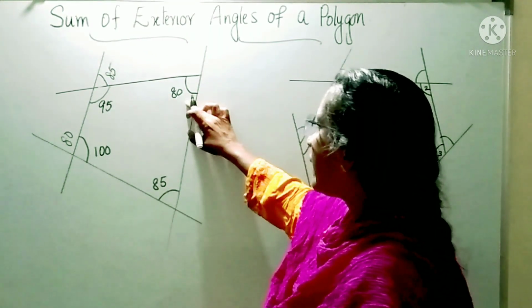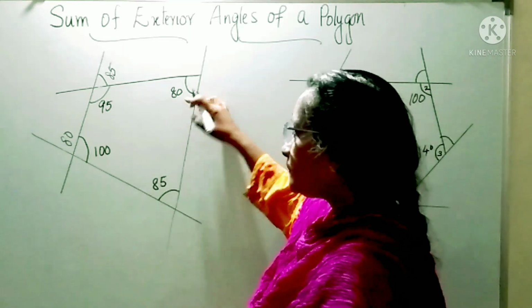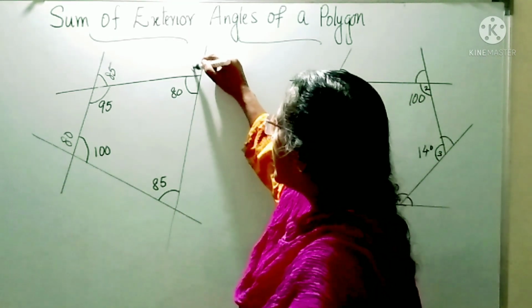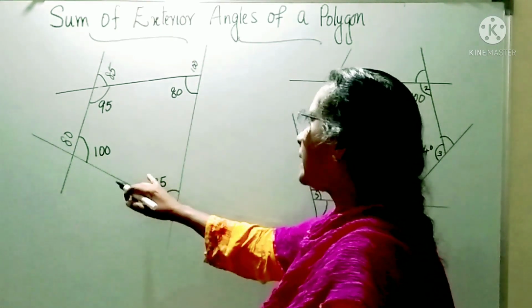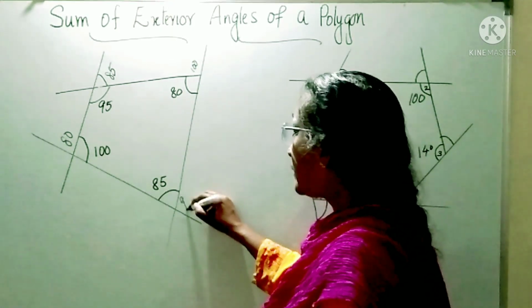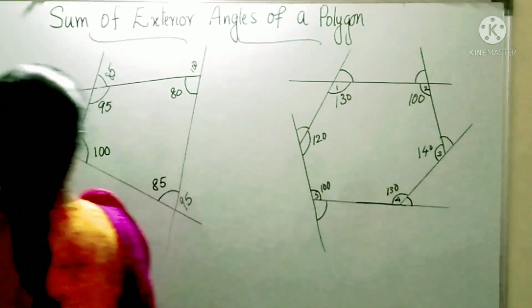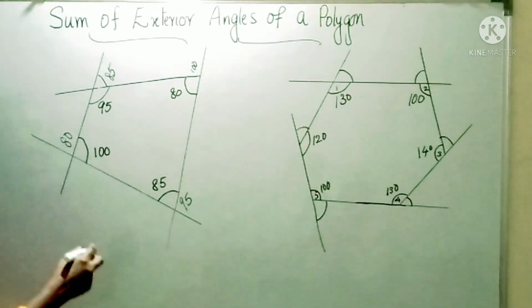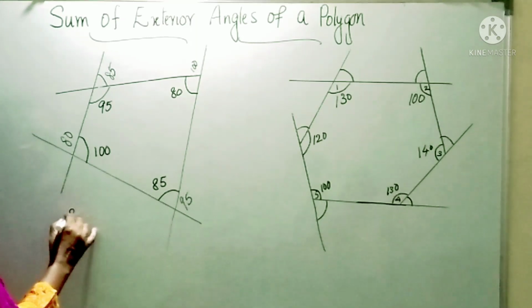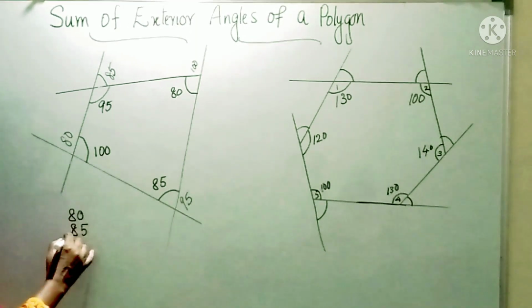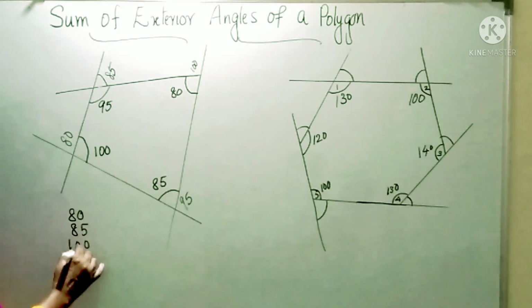Similarly, here you have 80, so the next exterior angle will be 100. And here you have 85, so it will be 95. Now let us find the total measure of all exterior angles. First one is 80, 85, 100 and 95.